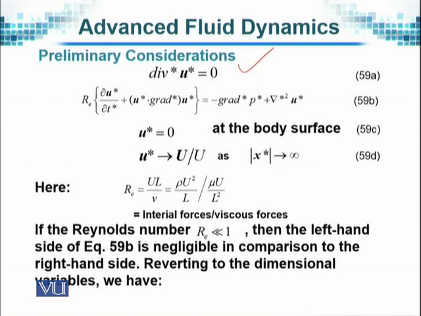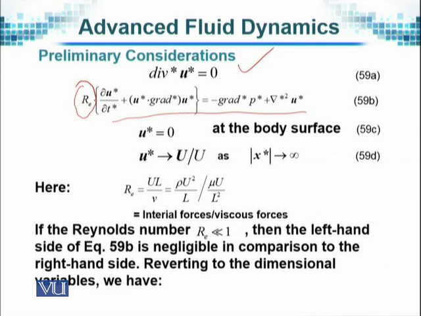But when it comes to the momentum equation, the momentum components of the Navier-Stokes equation, when we non-dimensionalize all the terms by substituting the length and the time as we mentioned, then the terms on the left are multiplied by the Reynolds number, and all the terms on the right hand side are non-dimensional.